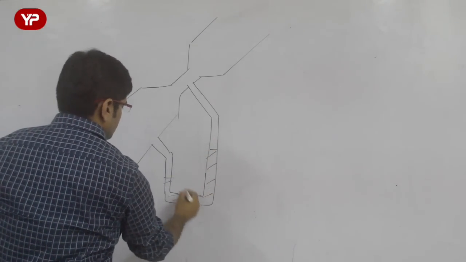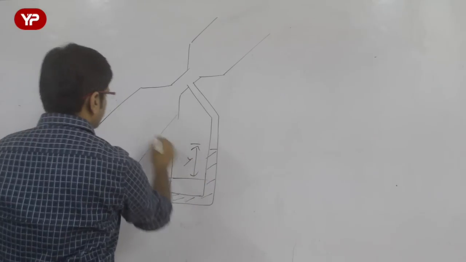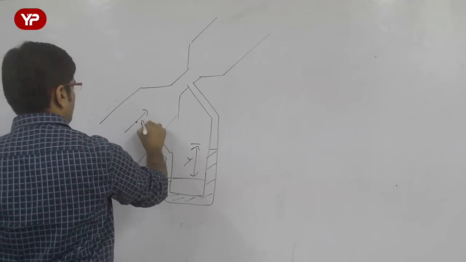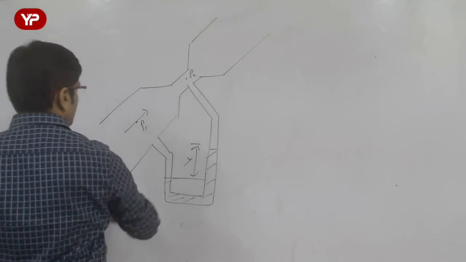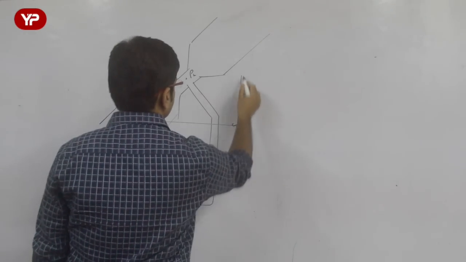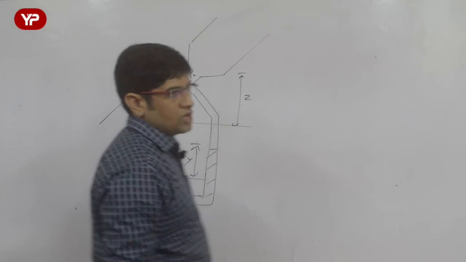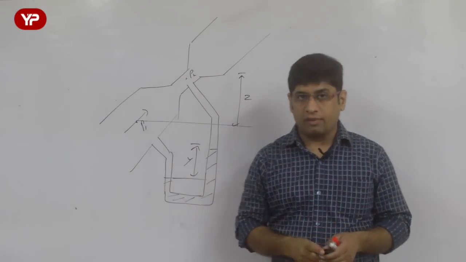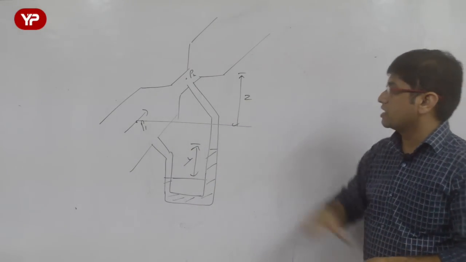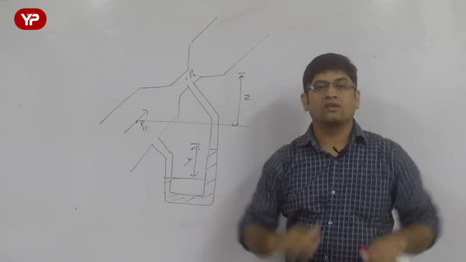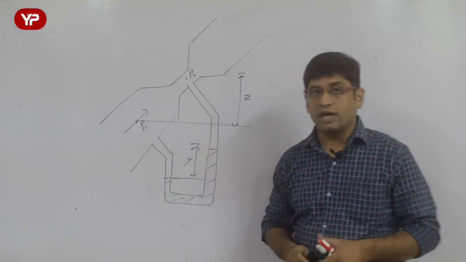Let us say this is the diagram for me. This is section 1, fluid is going to flow, P1, P2. Now let us say the datum difference between the two is z. So if I take the pipe which is inclined, and I take an inclined Venturimeter, not a horizontal Venturimeter, how is this formula going to change?